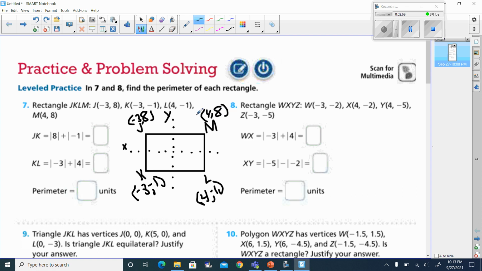Okay, now they're asking us from J to K. So from J to K, notice we're both at -3. Remember, if we have the same coordinate on our axis here, so we've got -3 for both of these. That means we went over 1, 2, 3 to -3 over here.